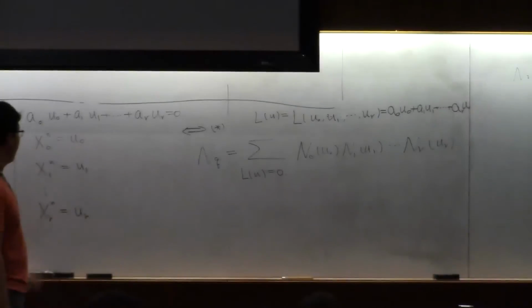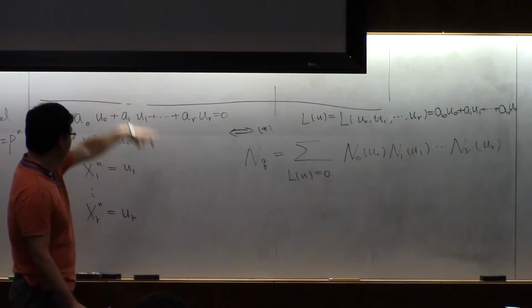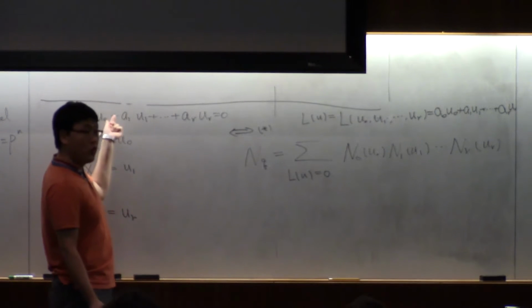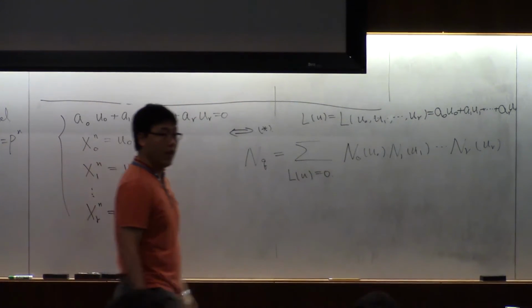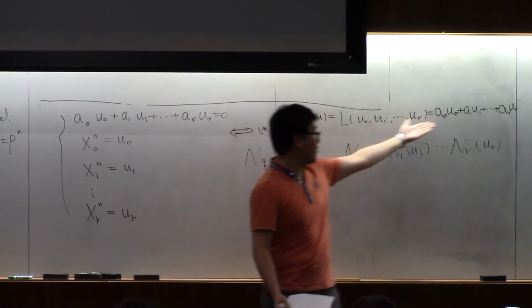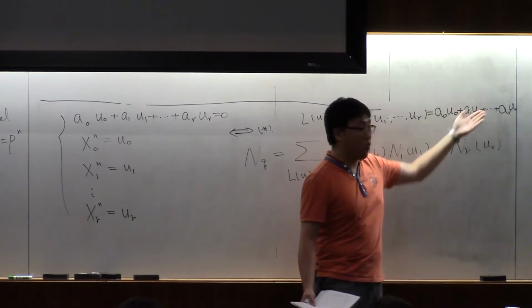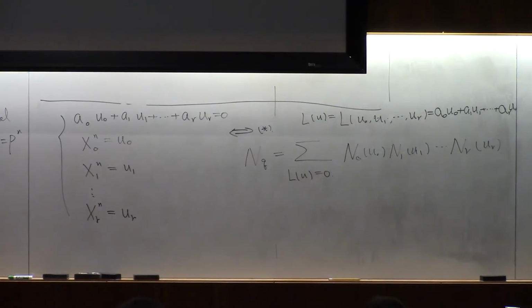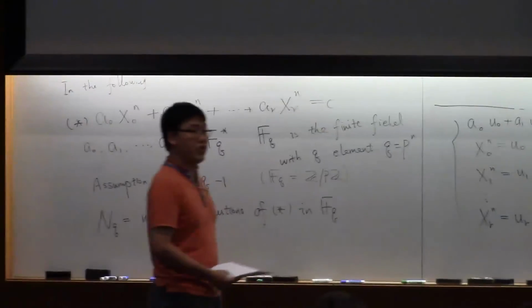In other words, you compute the number of solutions for each of these equations, and then you multiply them together. You get the number of solutions of this system of equations for the fixed values u0, u1, ur. And then you take the sum over all these u's which satisfy this linear equation being 0. Then you can compute the number of solutions of the original homogeneous equation.